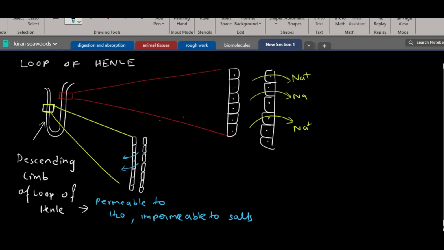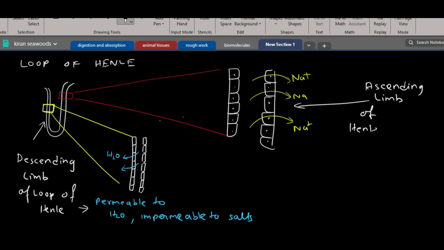So let us see what I said. Basically, the thin one, that is descending limb, is responsible for permitting the water into the interstitium, whereas this one is ascending limb of Henle's loop.